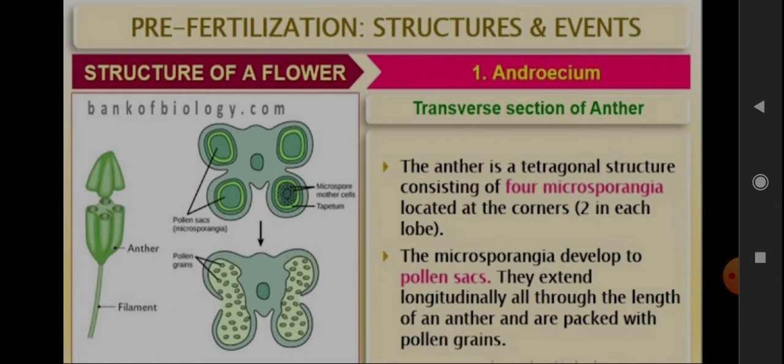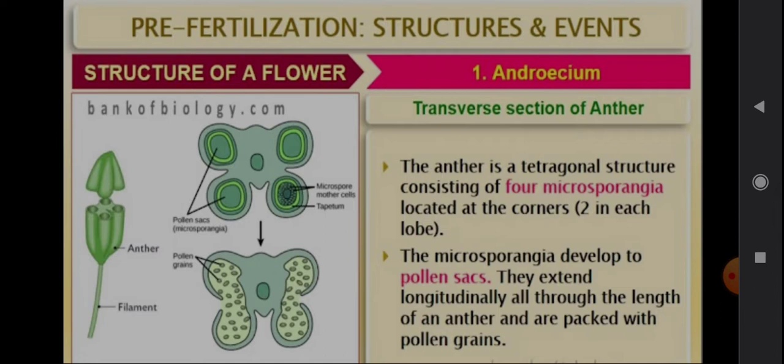See, the transverse section of the anther. The anther is a tetragonal structure, consisting of four microsporangia located at the corners, two in each lobe. It means there are four microsporangia regions, and these microsporangia develop into pollen sacs. They have marked pollen sacs in the picture.